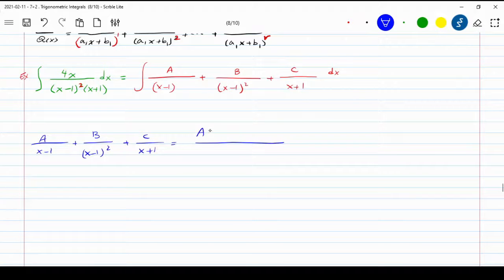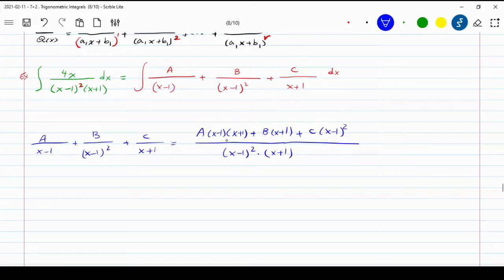So you get a times x minus 1 times x plus 1. You need to multiply the second term by only x plus 1, so b times x plus 1. And the third one, you need to multiply c by x minus 1 squared. And the denominators all become the same, x minus 1 squared times x plus 1. I did common denominator. I skipped over a couple of steps.